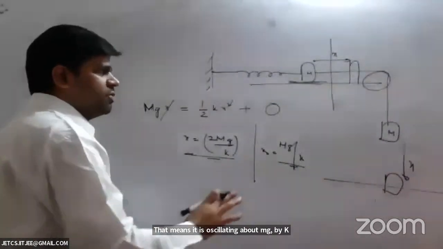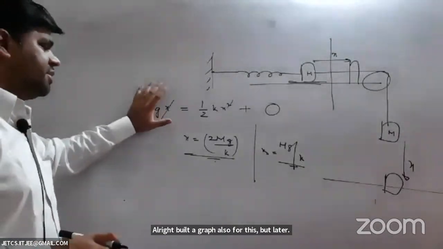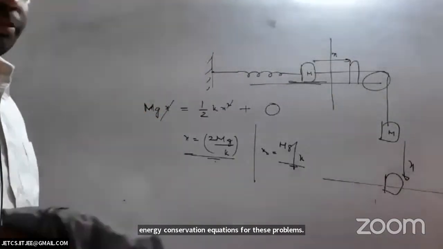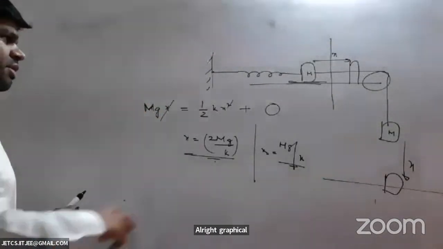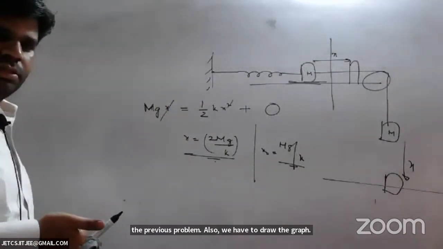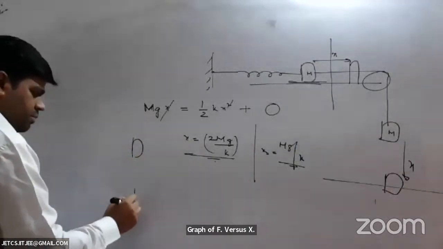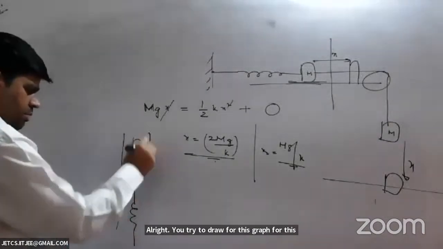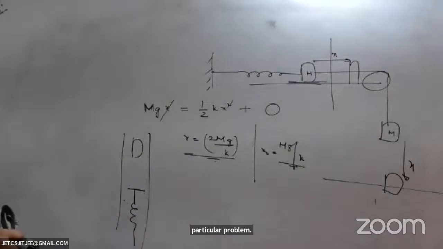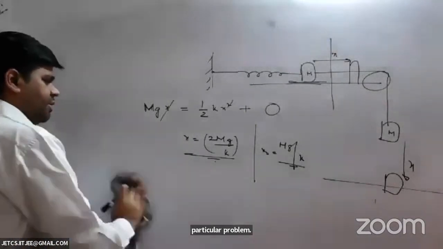We'll plot a graph also for this, but later. Let's just understand how to write energy conservation equations for these problems. Graphical analysis we have to do, but we'll do it. For the previous problem also, we have to draw the graph of f versus x. You try to draw the f versus x graph for this problem too.